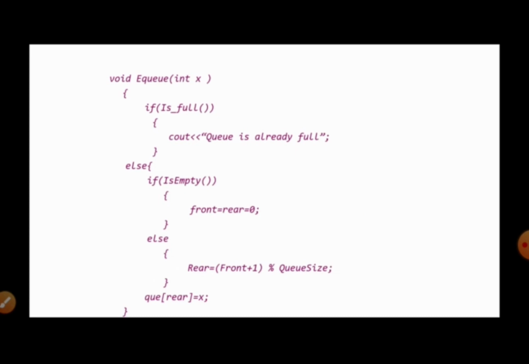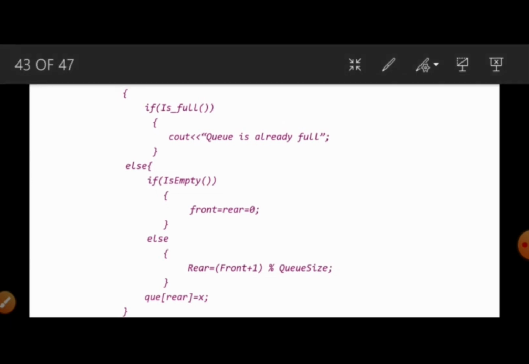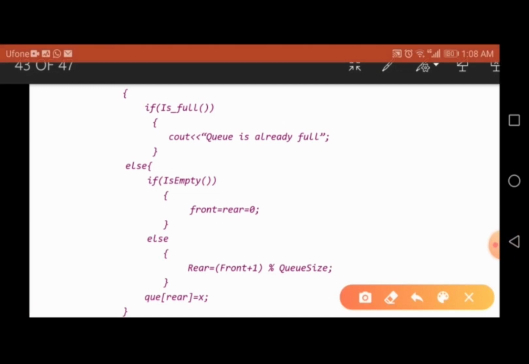The simple formula is, if rear plus 1 mod queue size is equal to front, then the queue is full. So if it is full, the message is that the queue is already full. Else, we know that there is space in the queue.